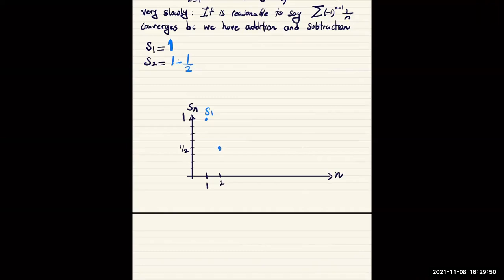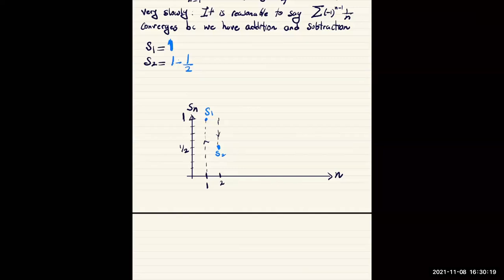That is S2. So S1, you go up by 1. S2, come back down by half.